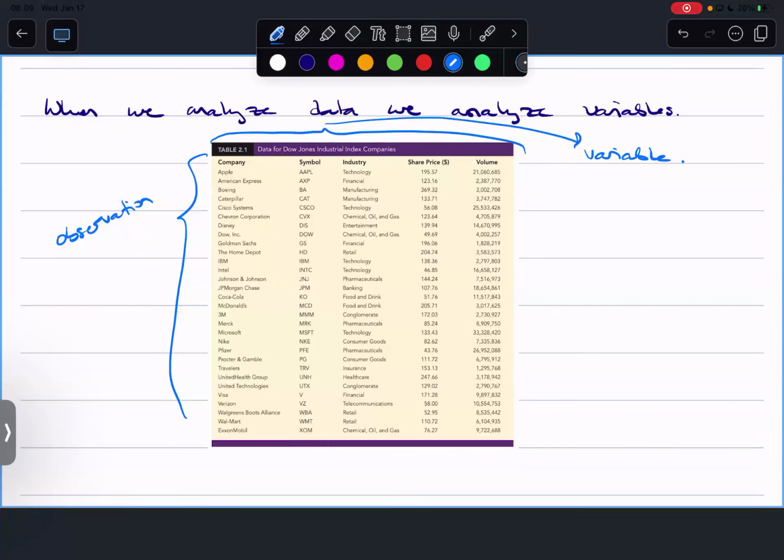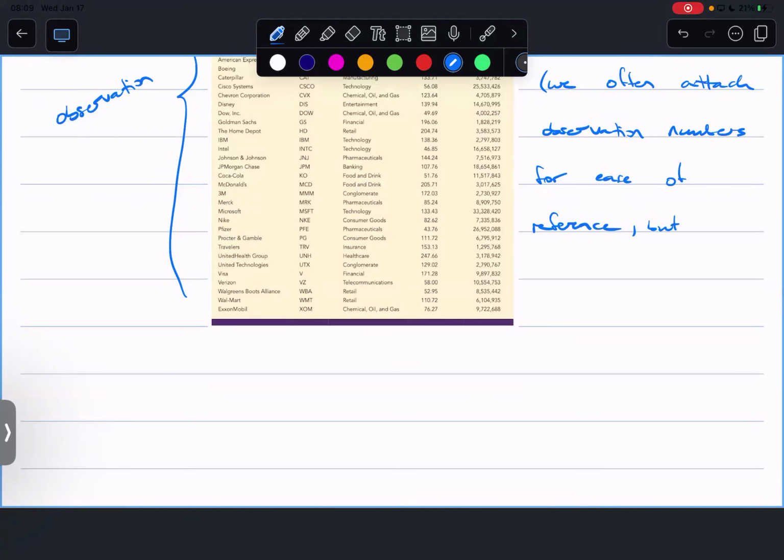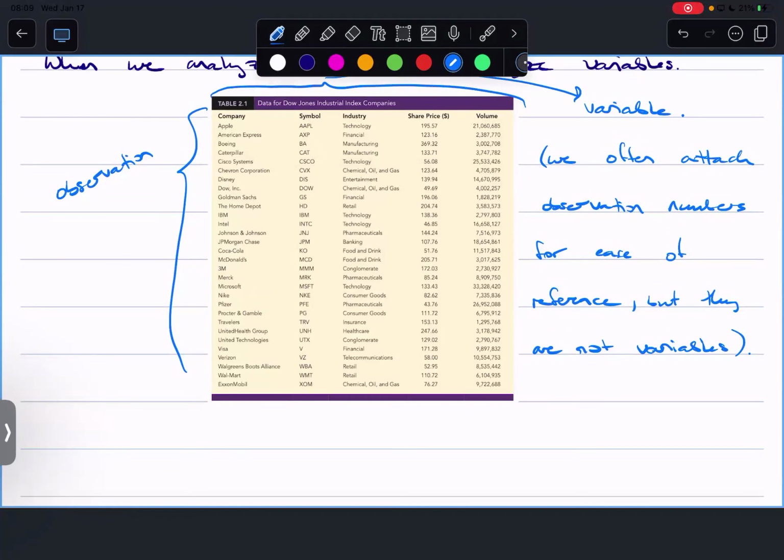We often attach observation numbers for ease of reference, but they are not variables. It's not information that we've drawn from those observations. It's just something that we've attached.